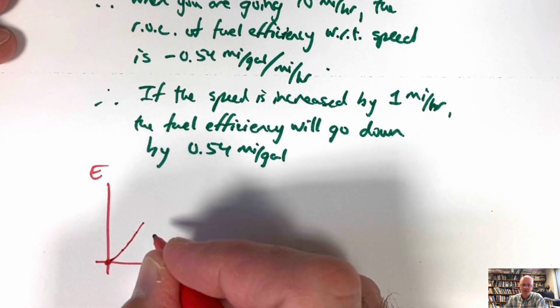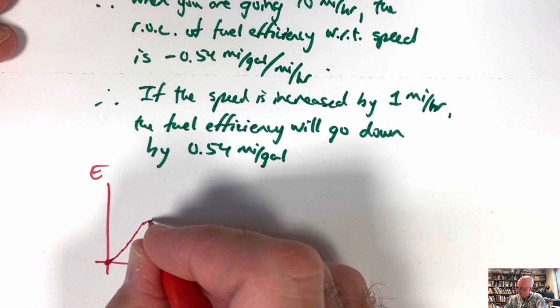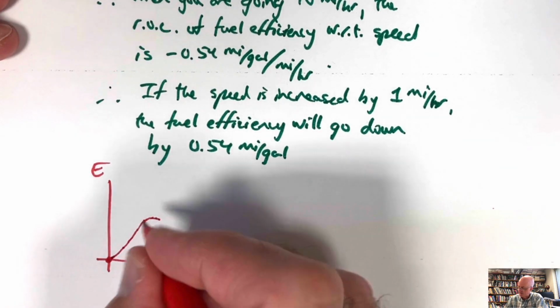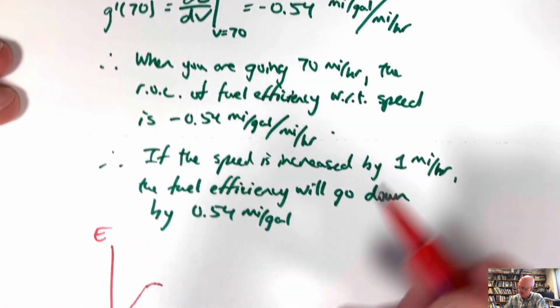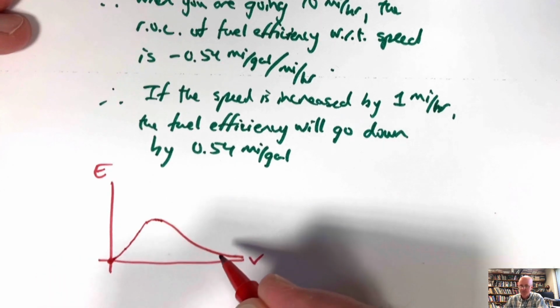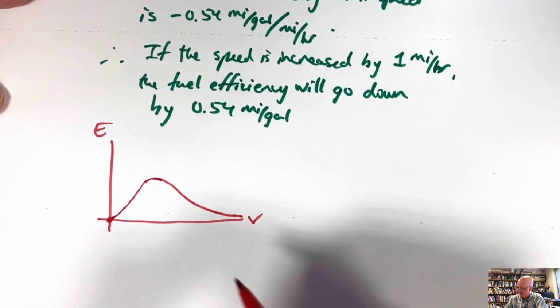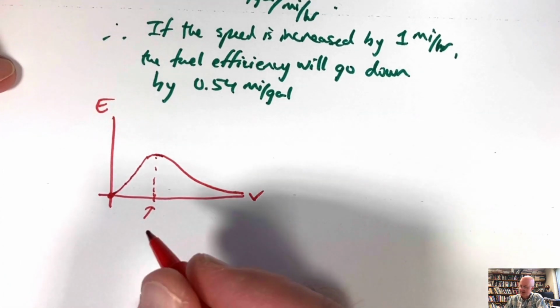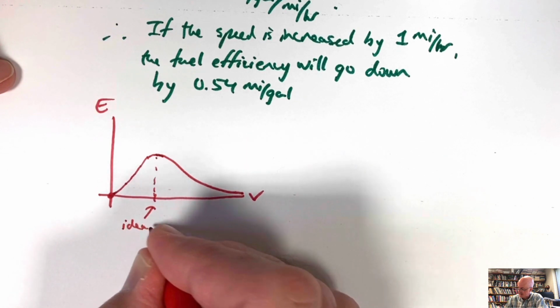There will be some sort of optimal speed here where your fuel efficiency is highest. If you go too fast, it becomes less efficient. The derivative does eventually become negative. Probably has some sort of, the v-axis is a horizontal asymptote. There's some speed that is the ideal speed for fuel efficiency.